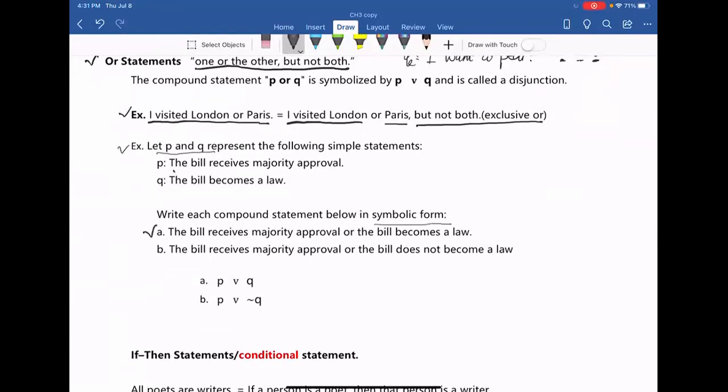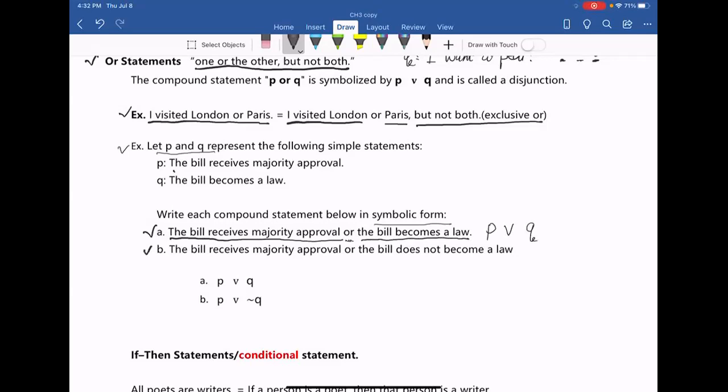So convert this into symbolic form. A: the bill receives the majority approval, that is P. When you see "or", you use this symbol to represent "or". The bill becomes a law, that is Q. So P or Q.